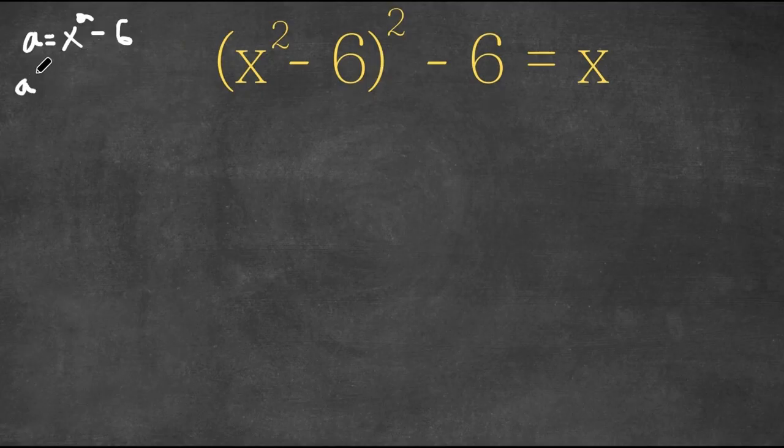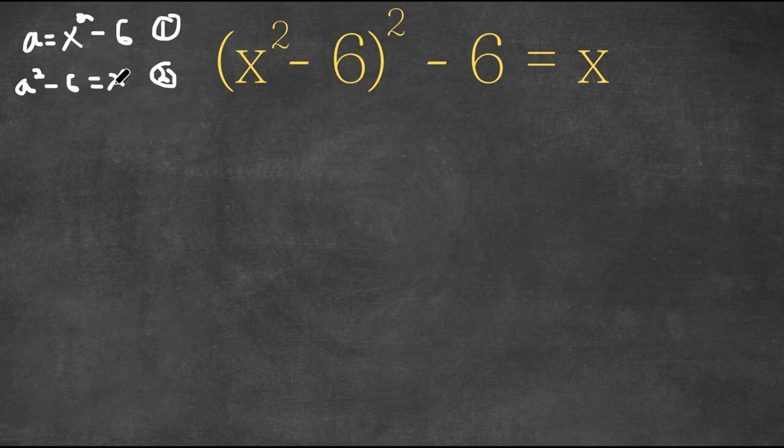a squared minus 6 is equal to x. So now let's say this is equation 1 and this is equation 2. Now, I'm actually going to subtract both of these.